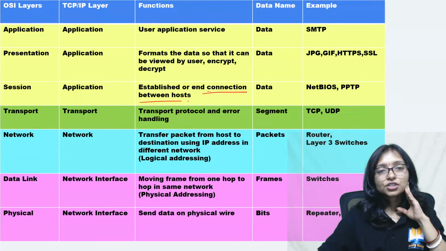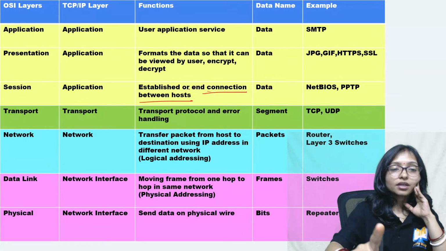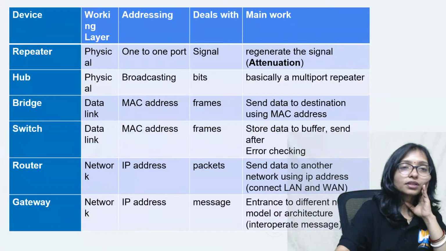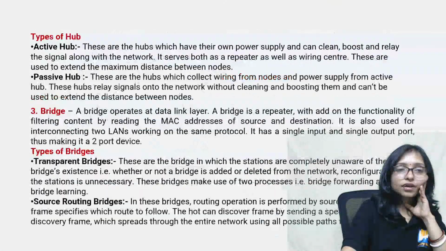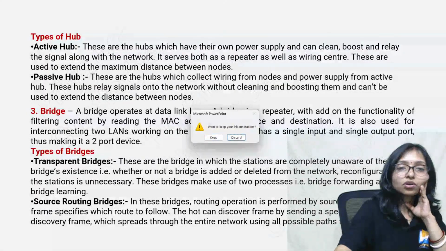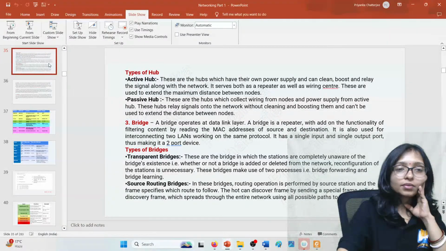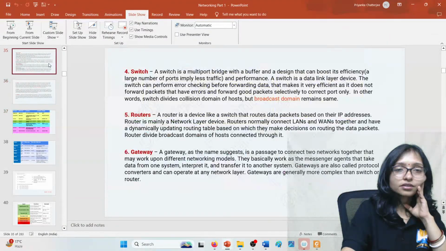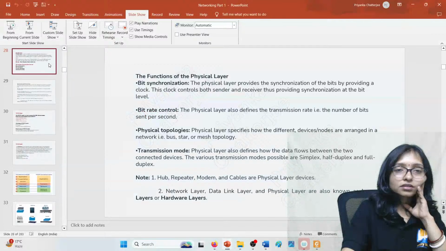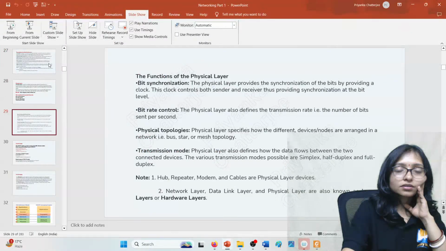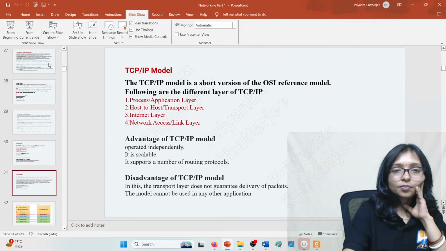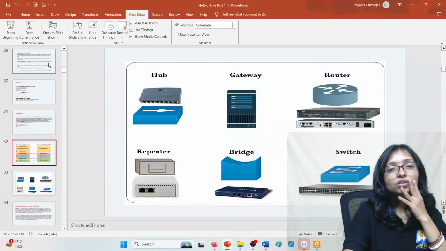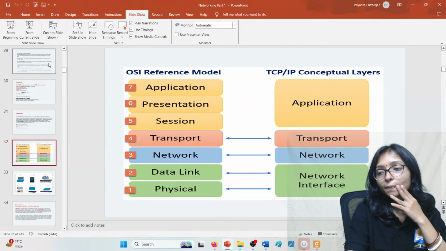Establishing connection, here actually the session layer is working with, if I am not wrong, then if I am coming to the session layer, encryption, decryption, application layer, host to host, this is the transport layer.